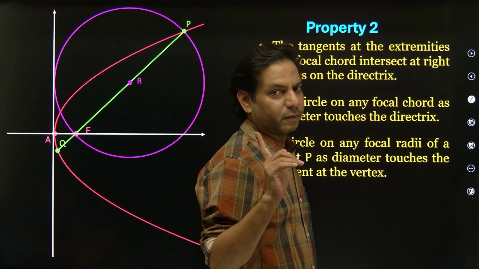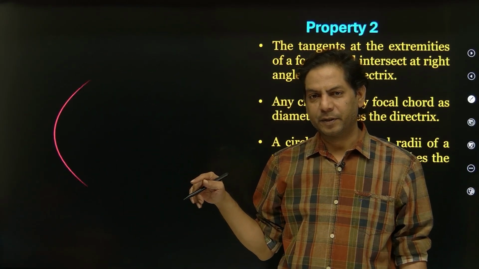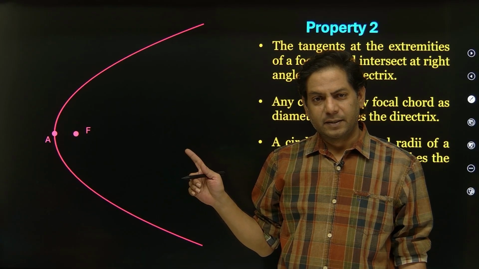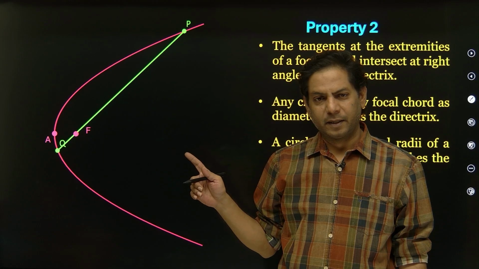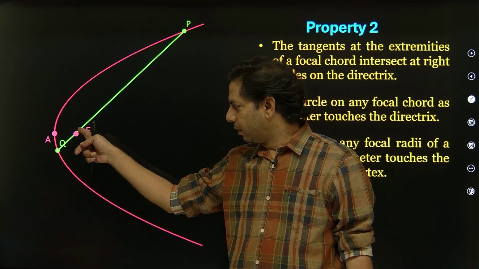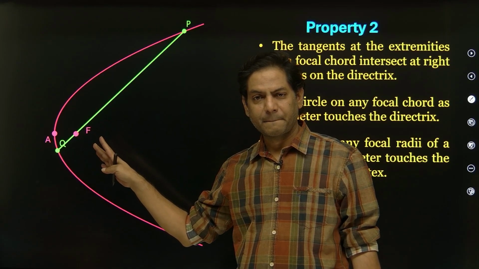Now this was about the focal radius of the point P. What about the other endpoint of the focal chord, that was Q? Let's see. Again we draw that line and this is point Q. What about the circle we draw on this line taking QF as diameter?